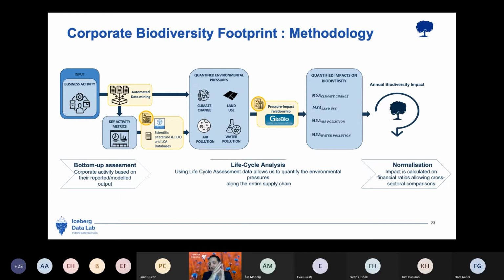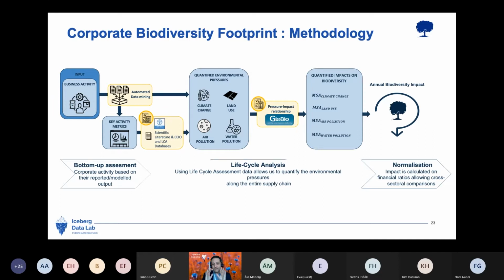Which means that we have several steps of assumptions which eventually have an impact on the level of uncertainty of the result, which is why with all data points, we also calculate what we call the data quality level, which is an indicator which indicates what source was used to do the calculation, financial data, operational data, environmental data, and therefore eventually the level of uncertainty on the final result.